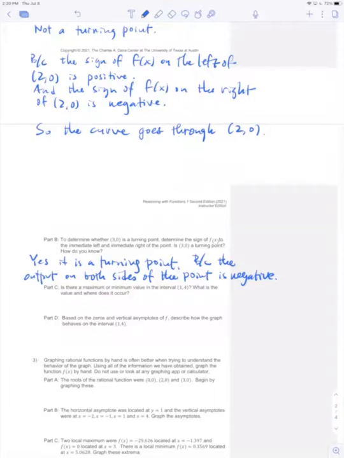Here's our x-axis, the horizontal axis, and we have the point 2, and we have the 3 here. We said earlier that the sign of f was positive just to the left of 2, and then the sign just to the right of 2 was negative.